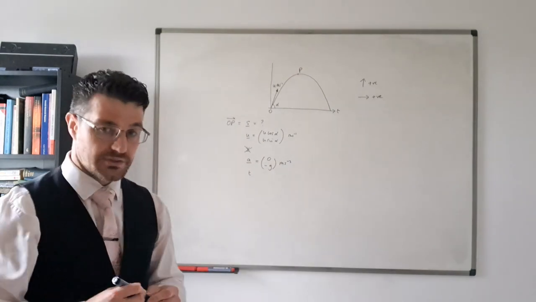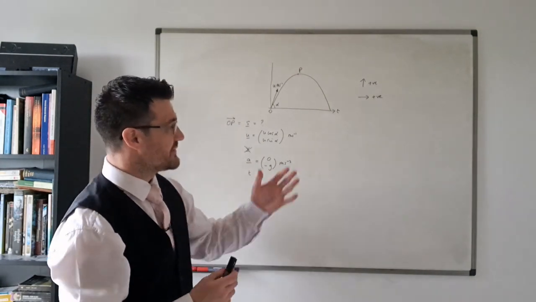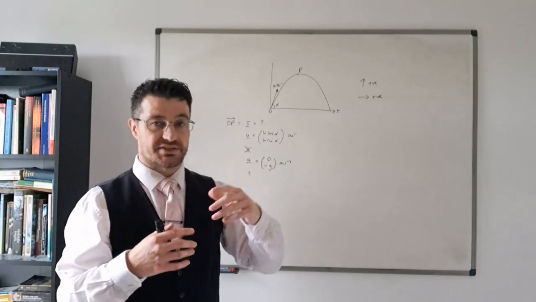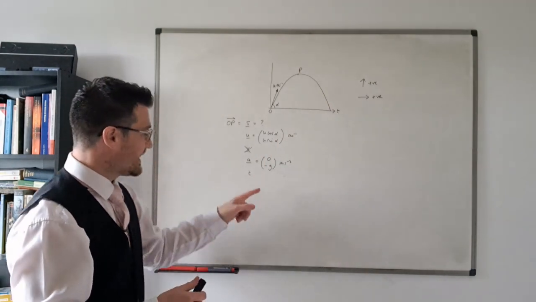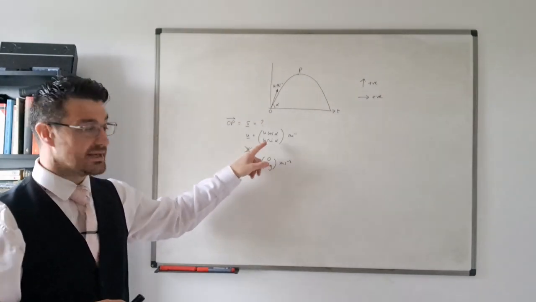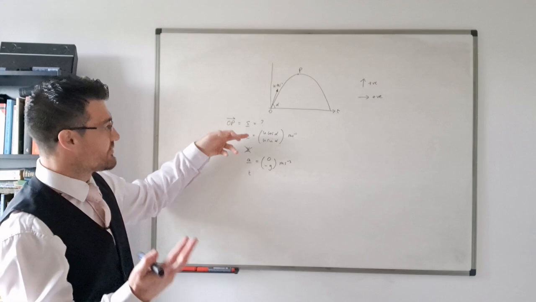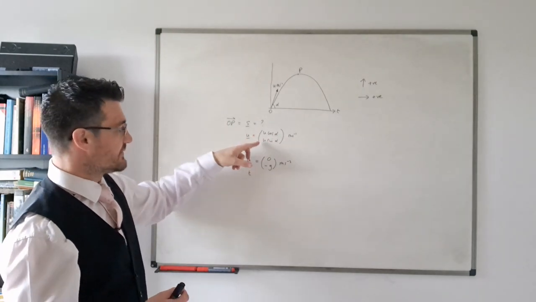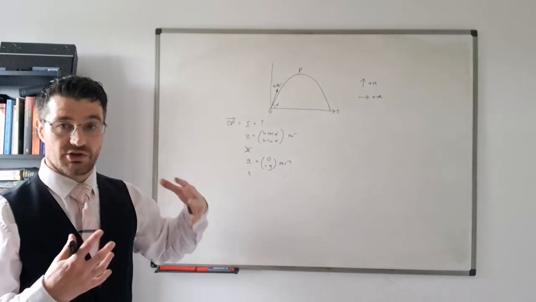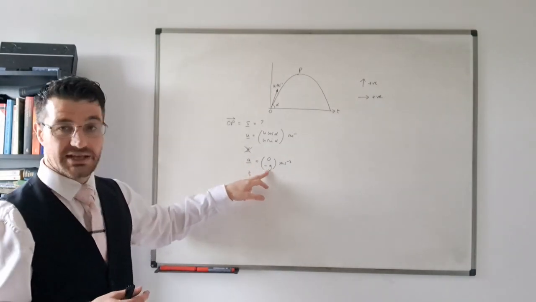Okay, so sometimes people who haven't fully grasped the idea of vectors and choosing positive directions might just write 0g here, which contradicts what you've got here. Now, if I'd written minus u cos alpha and minus u sine alpha, then 0g would be the correct expression to write here.